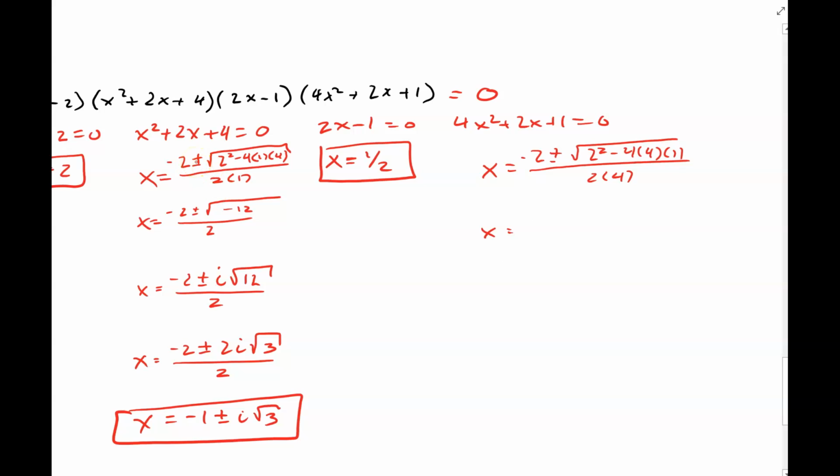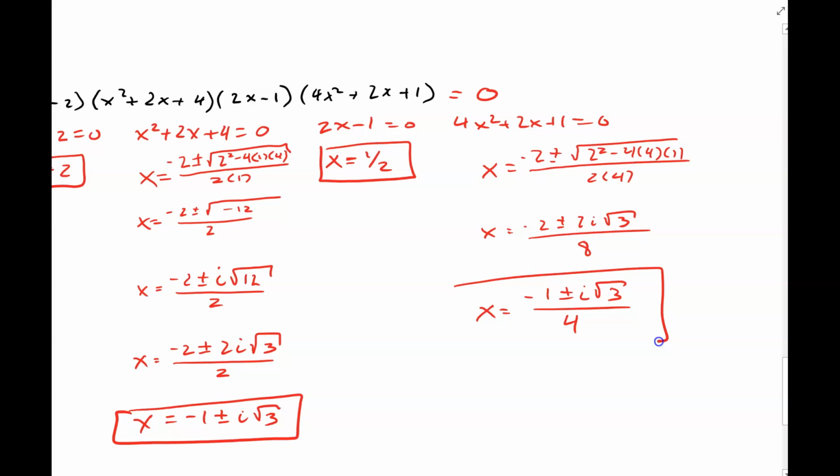Everybody can see that? So I'm going to go straight all the way to here because we already did that simplifying in the previous one. I don't need to do it again. Over 8. Now notice everything in the numerator is divisible by 2, and the denominator is also divisible by 2. So I can reduce that down into a best answer of that. Negative 1 plus or minus i root 3 over 4.